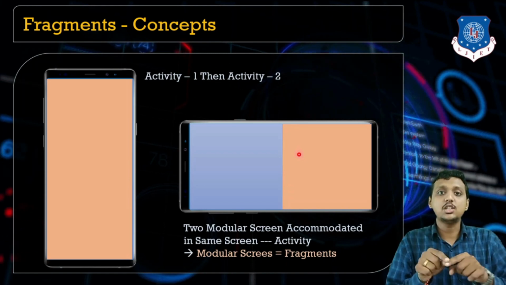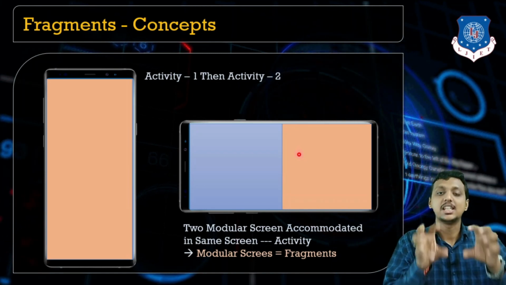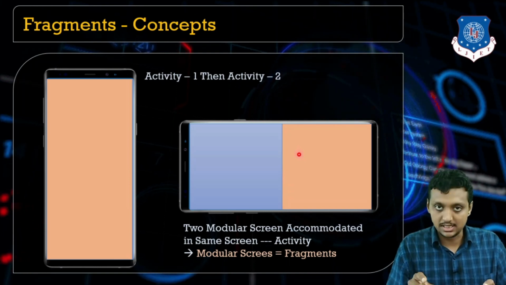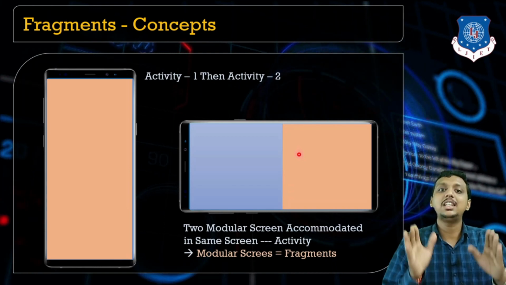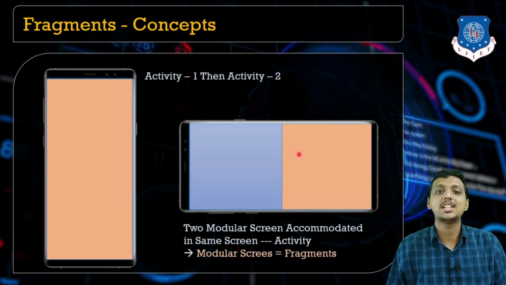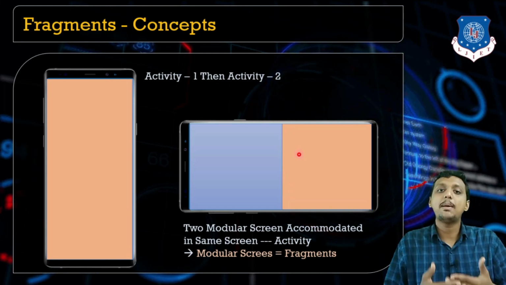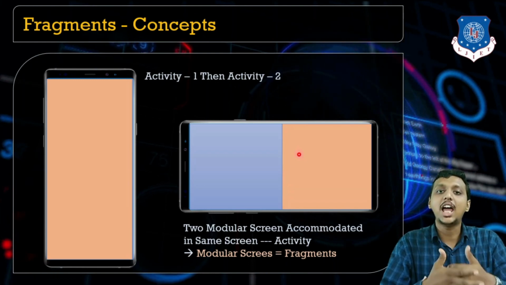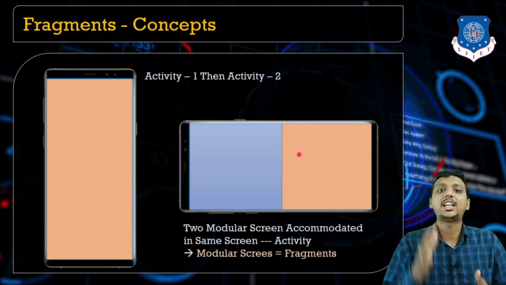These two modular screens are known as fragments, and the screen that contains the two fragments is known as the activity. So always remember, the activity contains fragments, and a fragment is alive only when the activity exists.